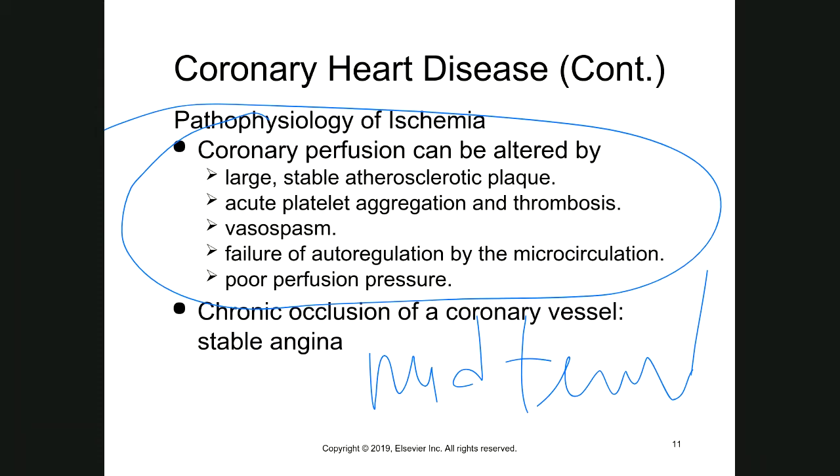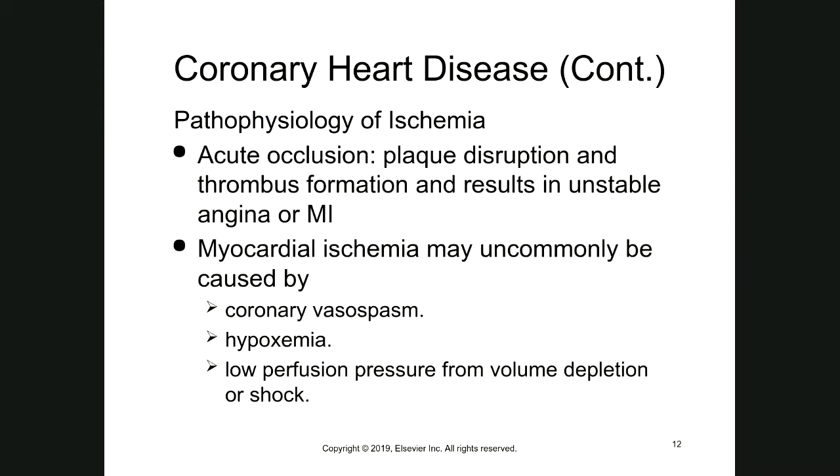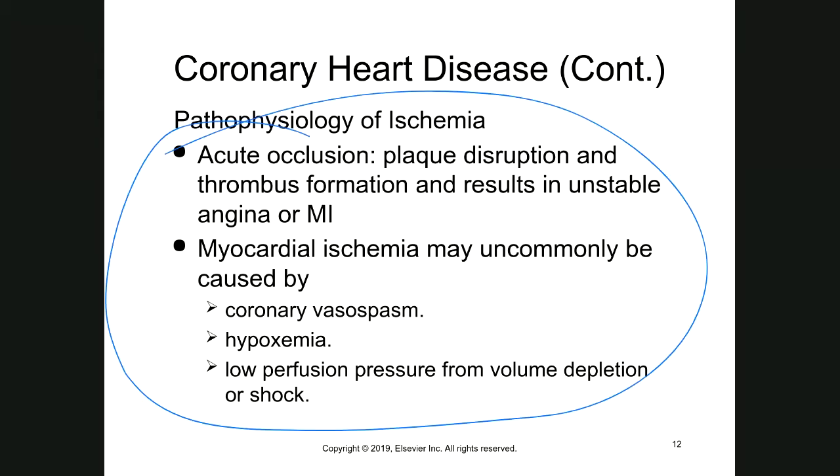The next one, acute occlusion, plaque disruption, and thrombosis will result in unstable angina, meaning careful with this one. I have something in one of the tests, probably the last test that I did, of the 4, that will include true or false over here. Meaning true or false in just one test of 4.